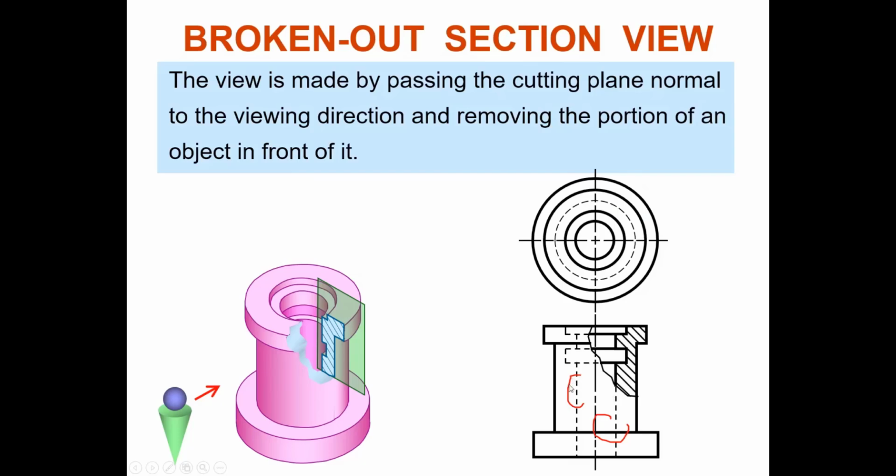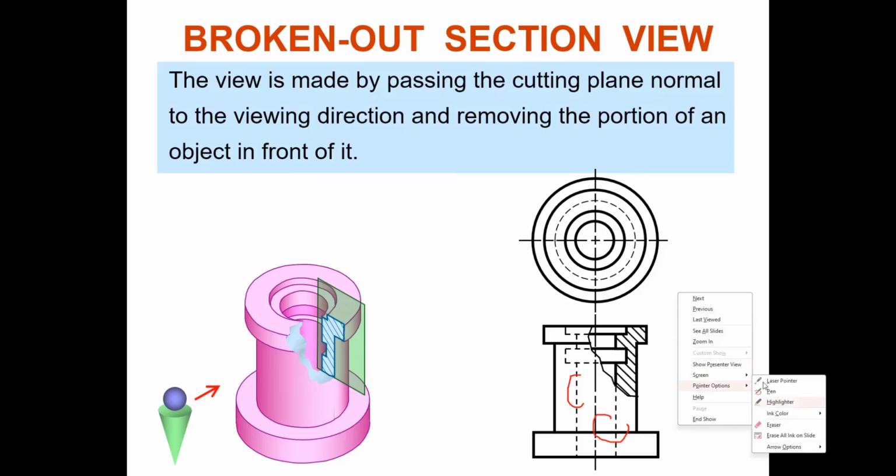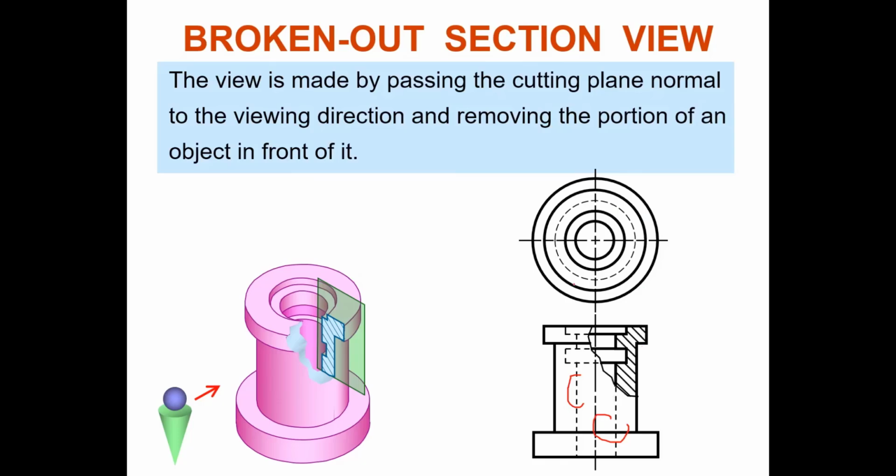Understand? Can you remember? This one is required. Why does this one need to show hidden line? Because, do we have a cutting plane line on the top view? Broken out section, do we have a cutting plane straight like this, or, as in half section, offset? Can we have a cutting section line, right? Broken out section, do we have a cutting line on the top view? Do we have it or not?